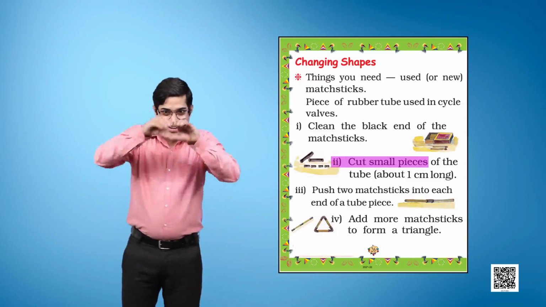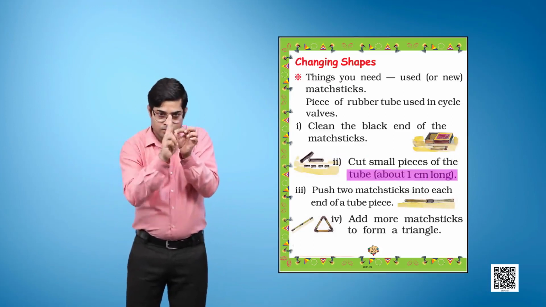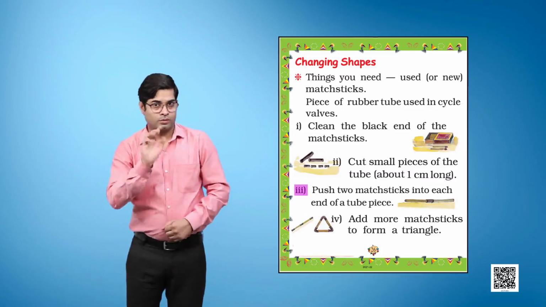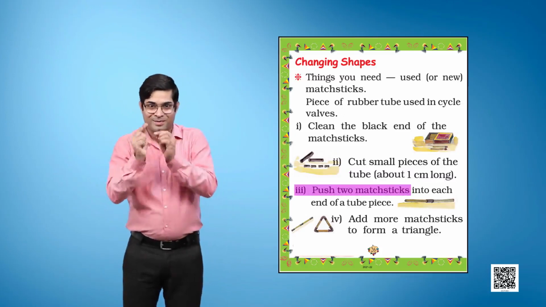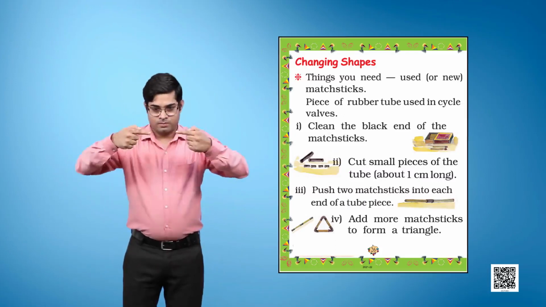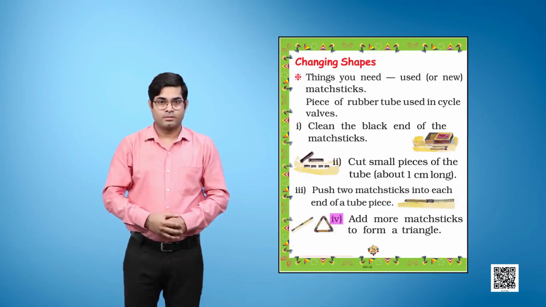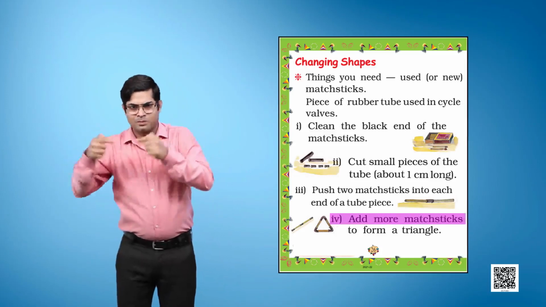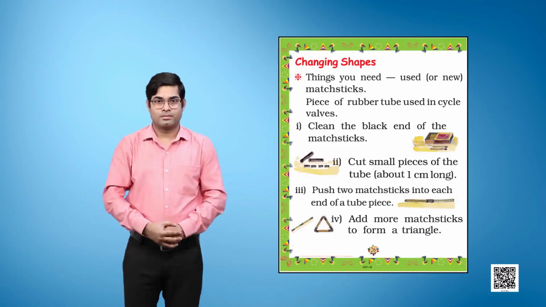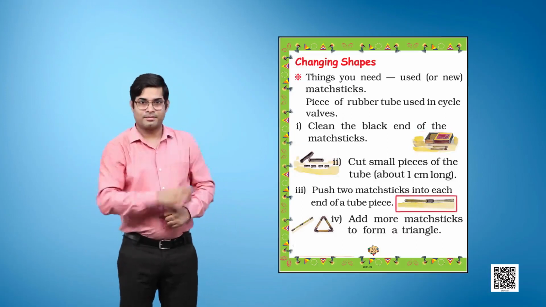Cut small pieces of the tube, about 1 centimeter long. 3. Push 2 matchsticks into each end of a tube piece. 4. Add more matchsticks to form a triangle. With the help of some pictures, we see the same happening here.